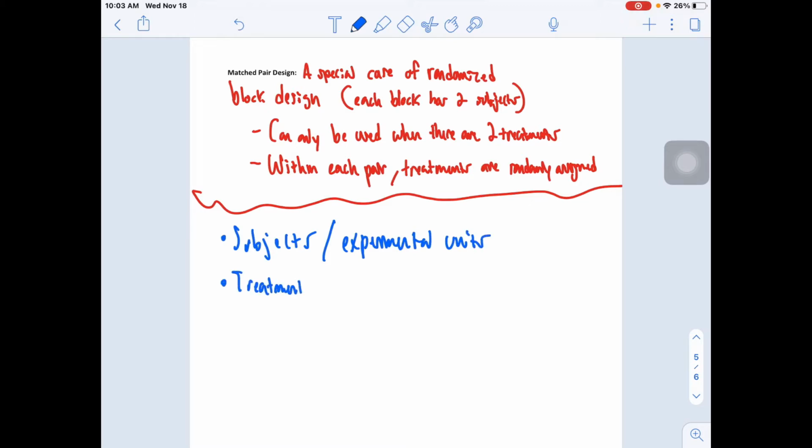Treatments are the things that we are giving them. Remember, in some experiments there should be more than one treatment, at least two, maybe a control group, treatment A, treatment B. And what those treatments are is we're changing the factor.